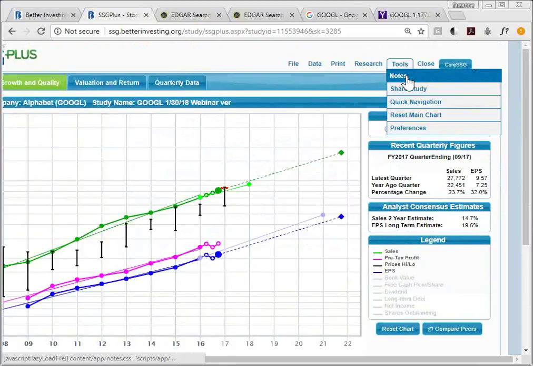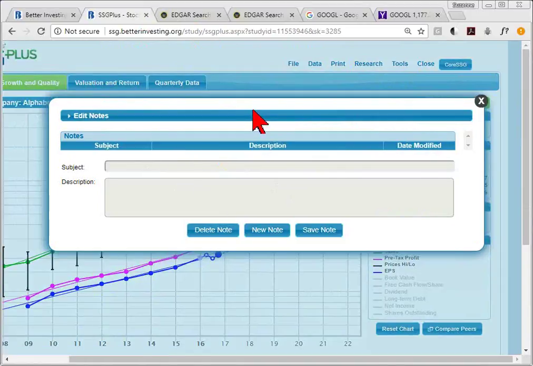But the one thing I use most here is notes. If I want to make a note about a company, I'm going to click on notes, and it brings up pretty much a blank slate. I'm going to click on new note, and I'm going to say judgment notes. Sales, 17%.